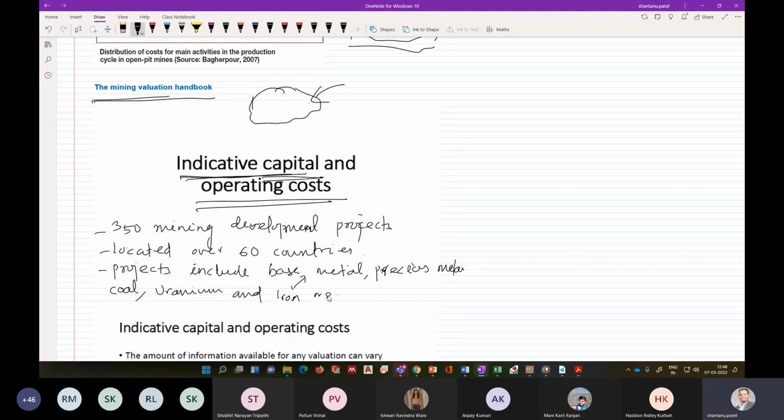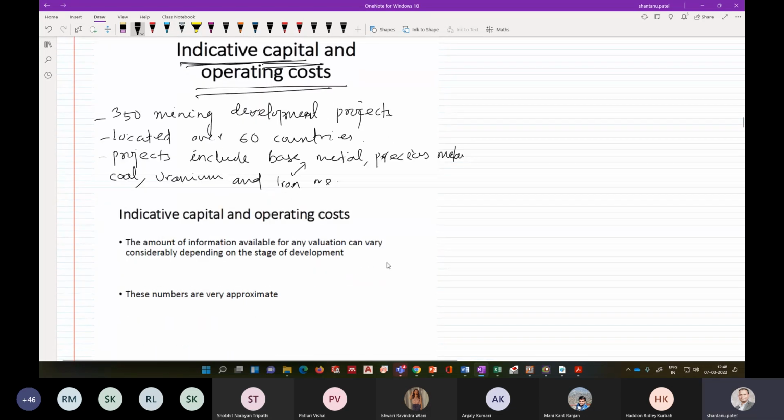Okay, so it is compiled in this mining valuation book, and I will tell the summary of the whole thing. So for this indicative capital and operating cost, the amount of information available for any valuation can vary considerably depending upon the stage of development.